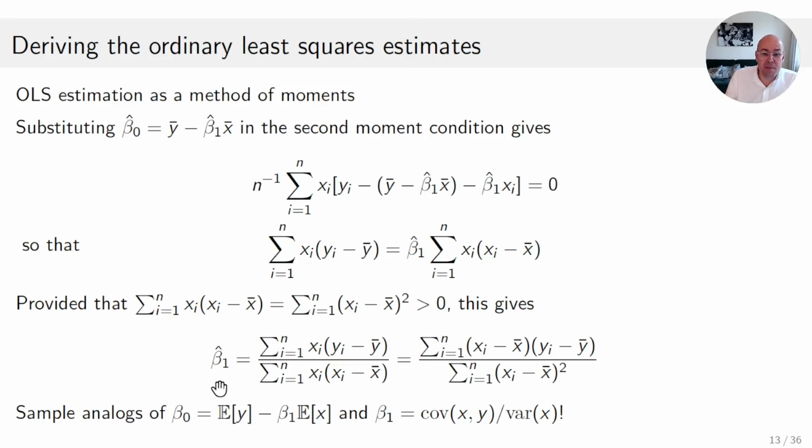I'm getting that beta 1 hat is, now if I add a 1 over n here and a 1 over n here, I can always do that. Then I actually have the covariance between x and y divided by the variance of x, or to be very specific, an estimate of the covariance between x and y divided by an estimate of the variance of x.